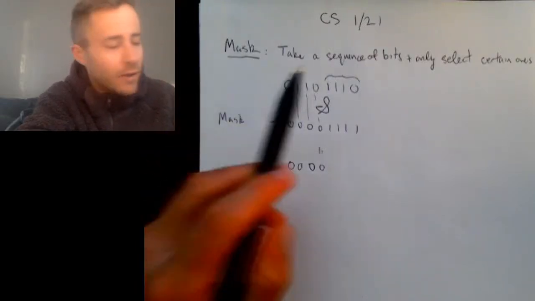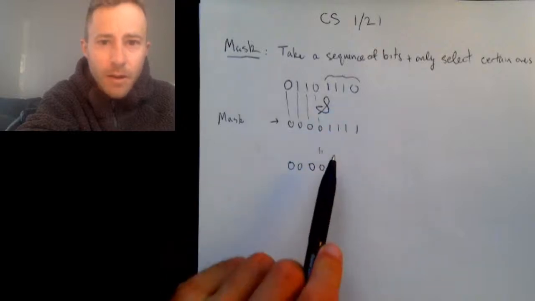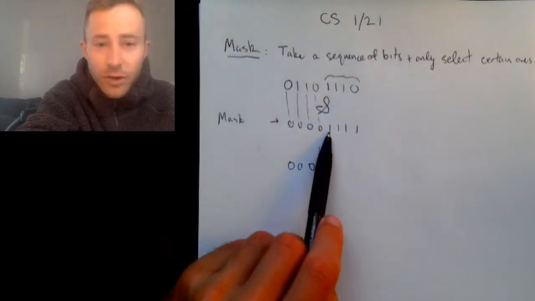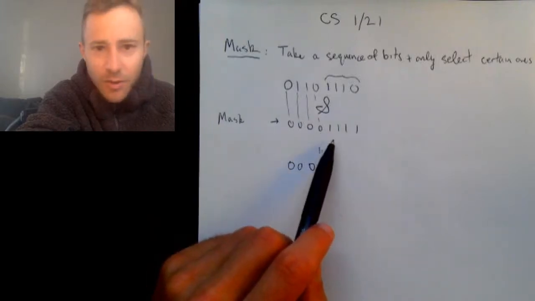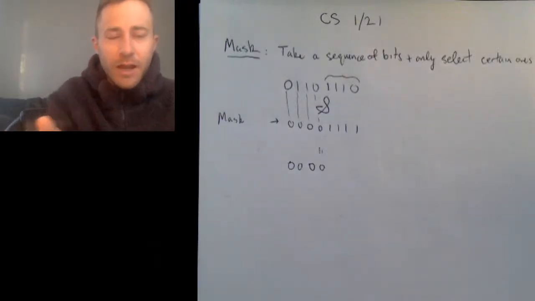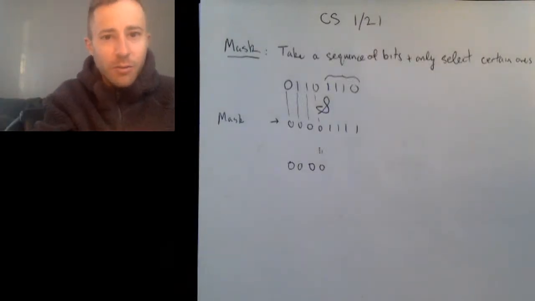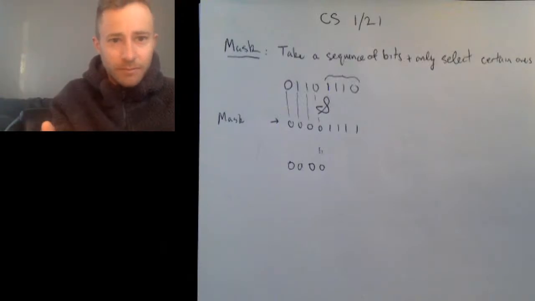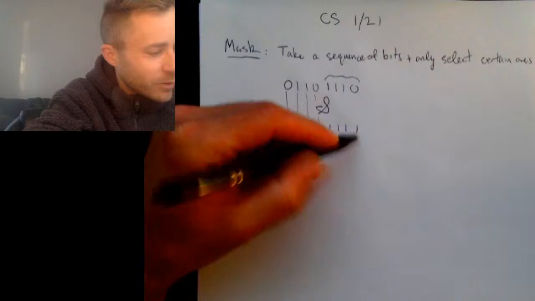And then if I look at the last 4 bits, those are ANDed with 1. And if you take something and you AND it with 1, it's basically like the identity function. 0 ANDed with 1 is 0. 1 ANDed with 1 is 1. So I have 0 ANDed with 1, that's 0.